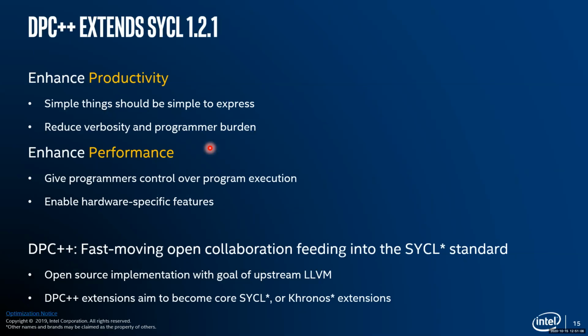One is to enhance productivity, and we try to simplify the language to make existing C++ developers just come in and start immediately with heterogeneous computing. The second advantage is mainly for performance reasons, to do with hardware-specific features. And to reiterate, this is a community project, and you can actually submit a PR or change request, whatever you plan to.